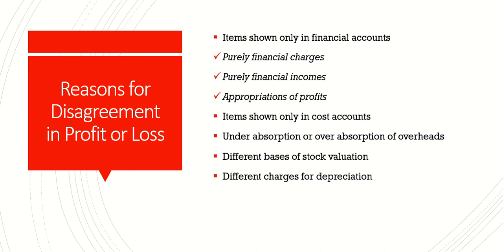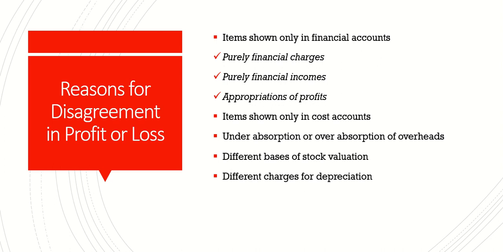These items appear only in your profit and loss appropriation account, like dividend paid, transfer to reserves, etc. These are shown only in your financial accounts but not in your cost accounts. Hence these become one of the reasons why you need to reconcile between your financial accounts and cost accounts.